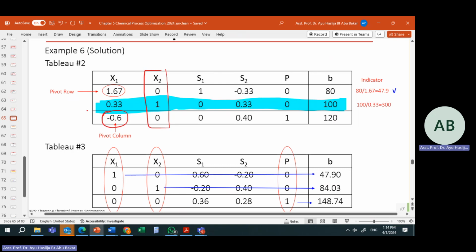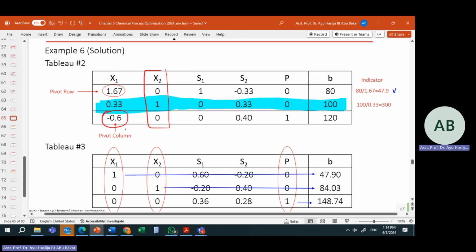Since in table number 2 you still have a negative value, remember the condition is that the bottom row must not have a negative value. If you still have a negative value, you need to repeat the step.